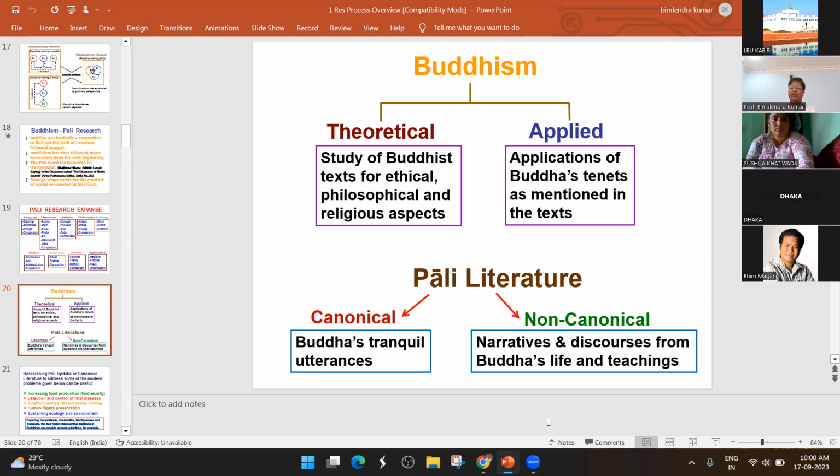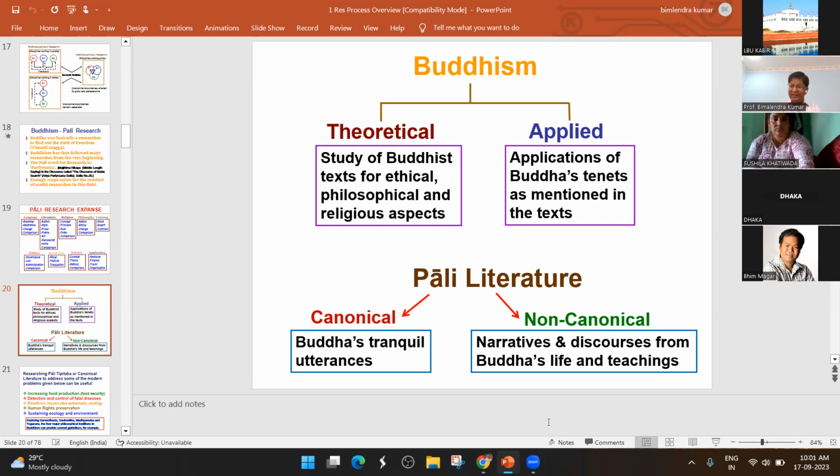They are compiled in seven texts, namely Dhammasangani, Vibhanga, Dhatukatha, Kathavatthu, Yamaka, and Patthana. There are seven texts.